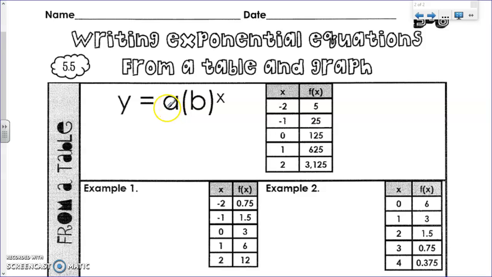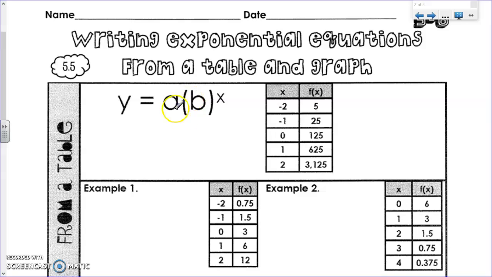And then it's located at the y-intercept even when there's a transformation. That allows us, if it moves from 1, to know if there's a transformation, right? Okay. So here is B. Okay, what is B? The percentage. It can be the percent of growth or it can be the percent of decay.